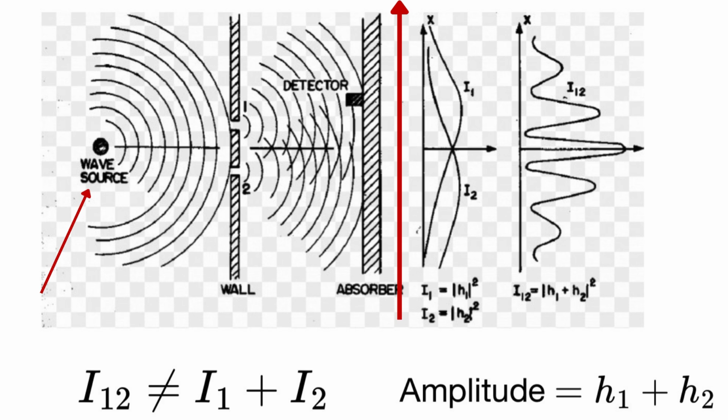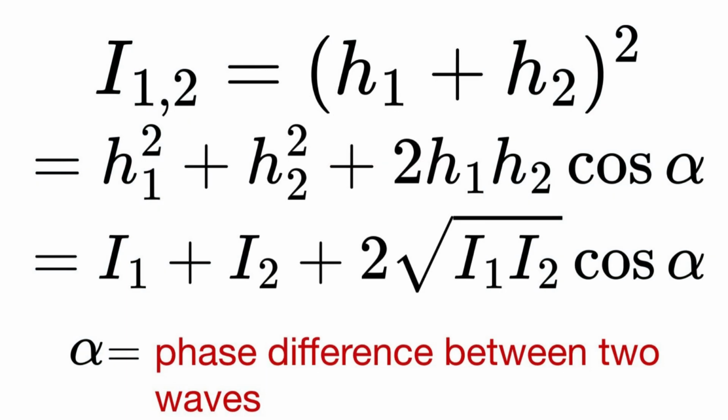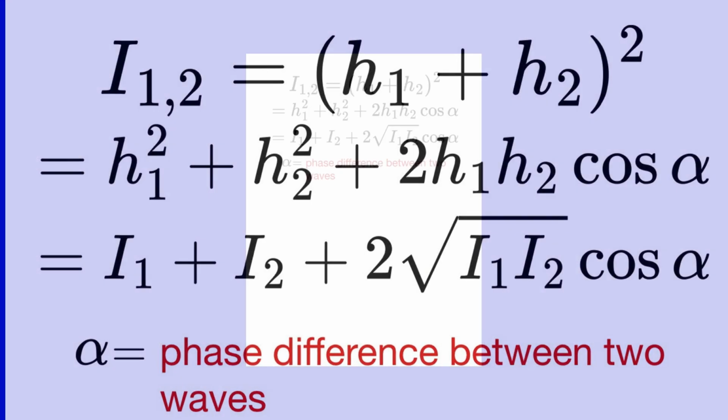But I12 is interesting. I12 is not equal to I1 plus I2. Instead, I12 equals (H1 plus H2) squared, where the amplitude equals H1 plus H2. We say that there is interference of the 2 waves.